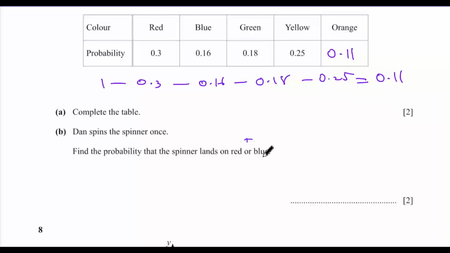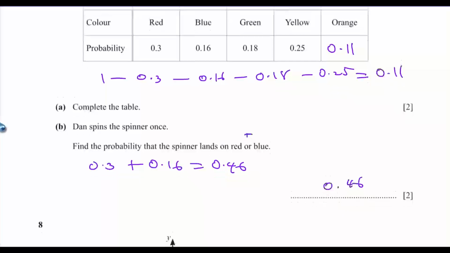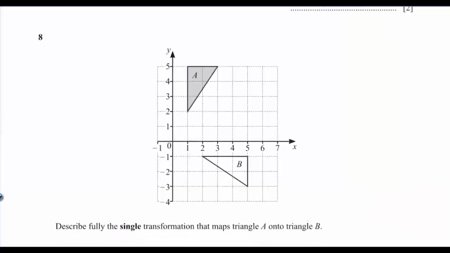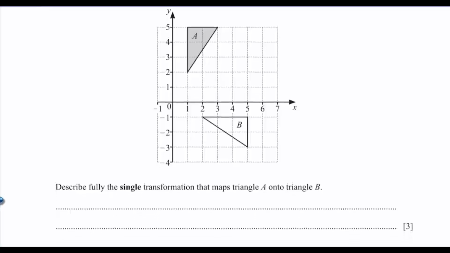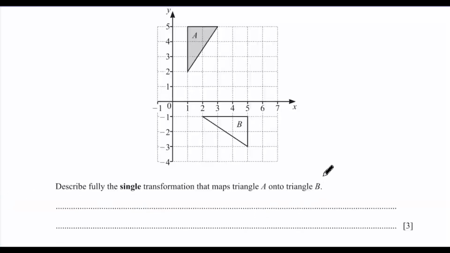So that will be 0.3 add 0.16, and this will give you 0.46. So that means the probability that the spinner lands on red or blue will be 0.46.